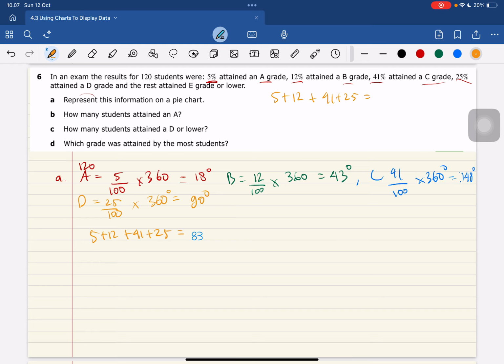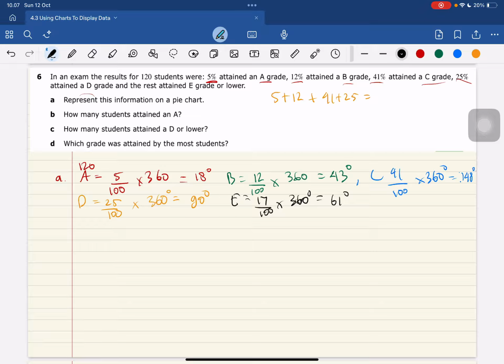So this is 83. So for E, it's gonna be 17% times 360 degree, which will give us the answer of 61 degree. So you can draw a pie chart, use this degree. I don't have that angle factor.